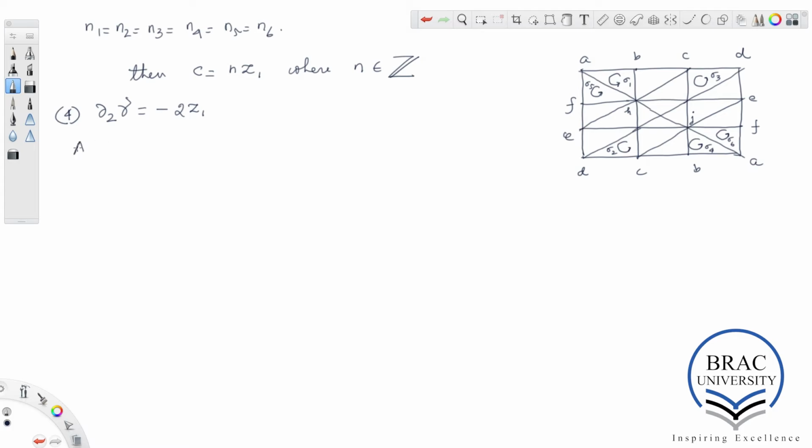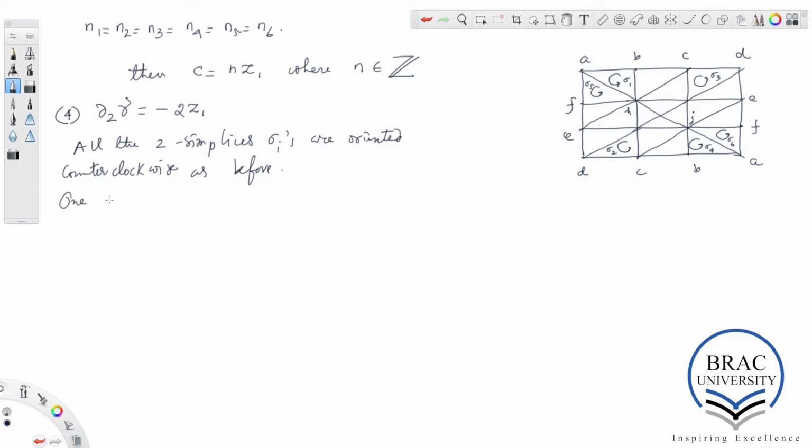All the two simplices here, sigma i's, are oriented counterclockwise, as before.